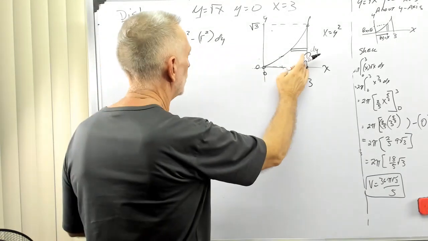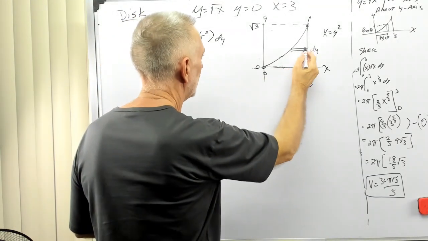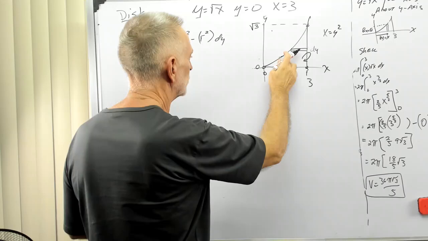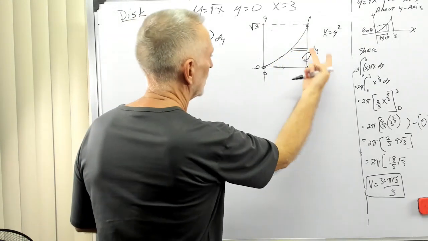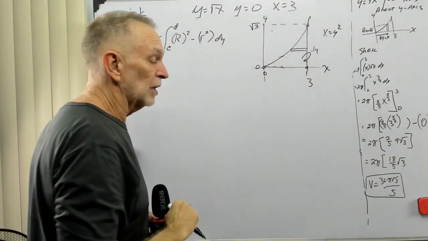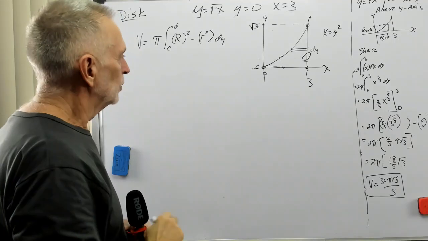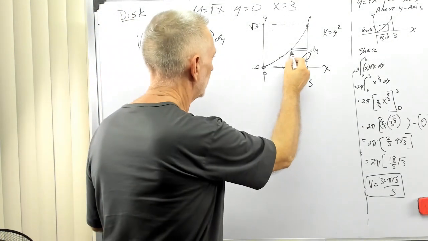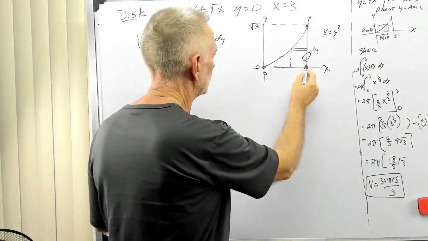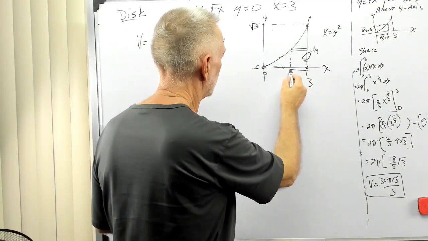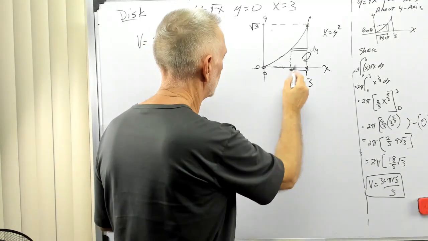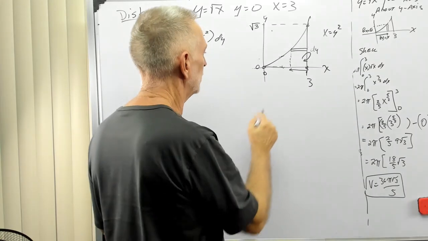So the major radius would be the one farthest away from the axis that we're rotating around. In that case, we have this distance right here, from here to here. That's what we're trying to understand. What is that distance?